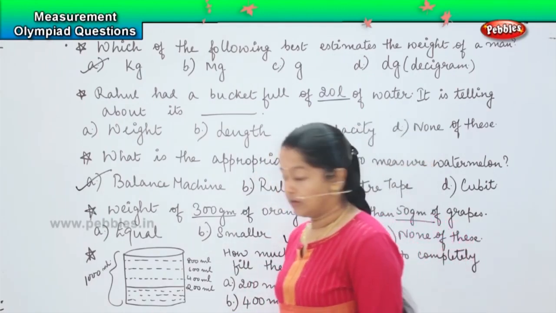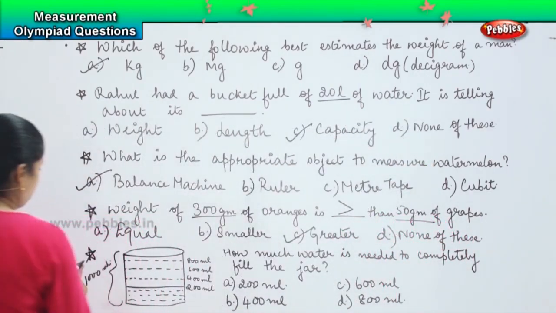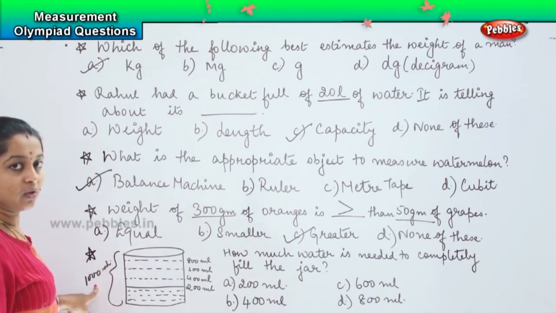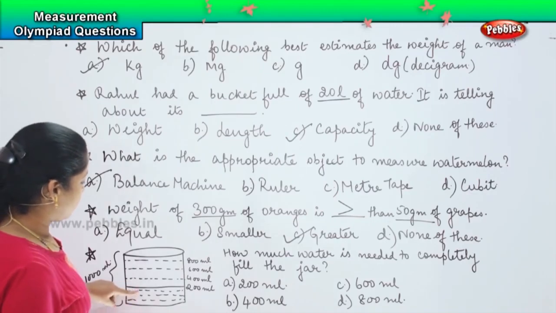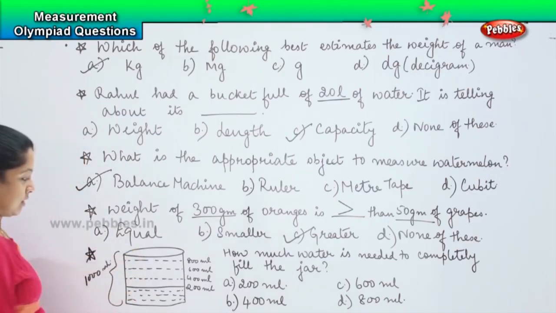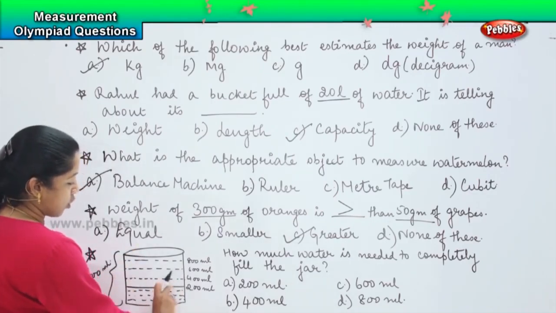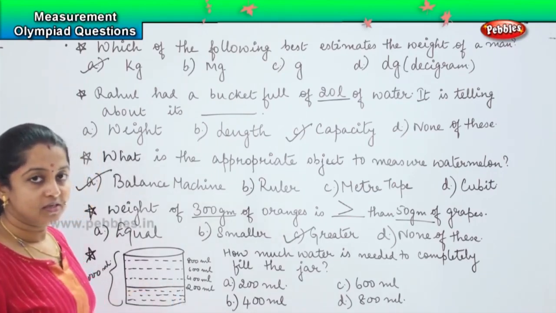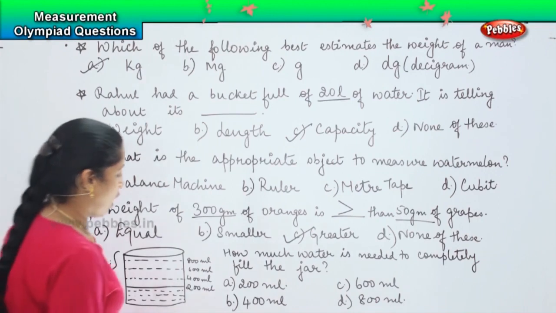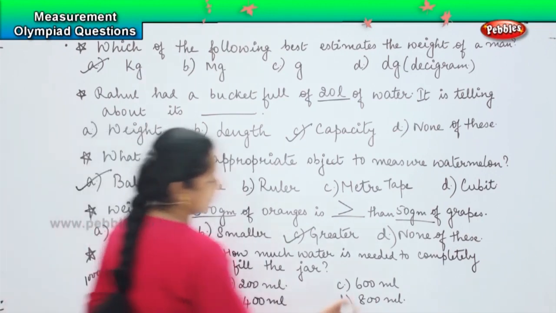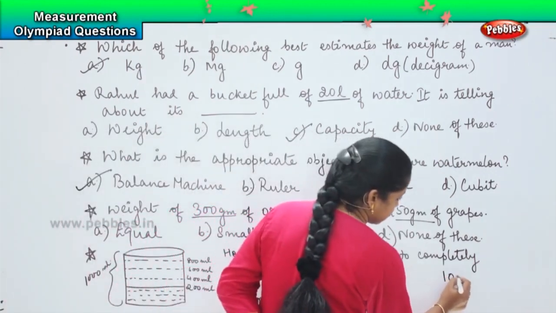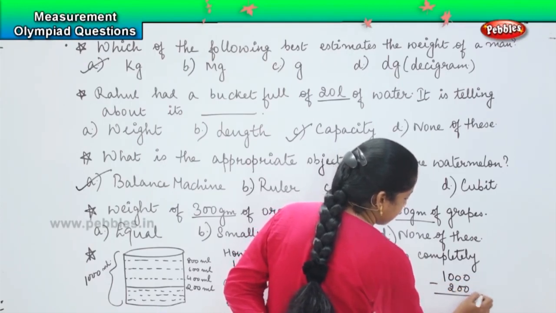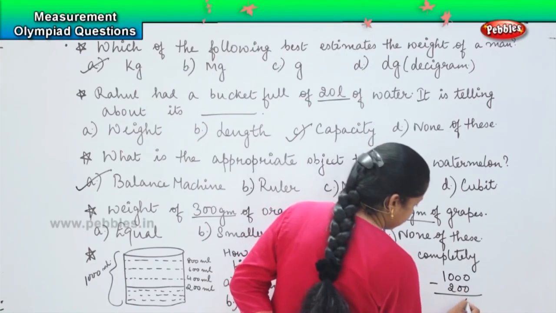So now the capacity of this jar is 1000 milliliter, which is equal to 1 liter. Now they have given us different dimensions, that already 200 milliliter of water is there in this jar. So how will we calculate? 1000 minus 200, because 200 is already there in the jar, right?